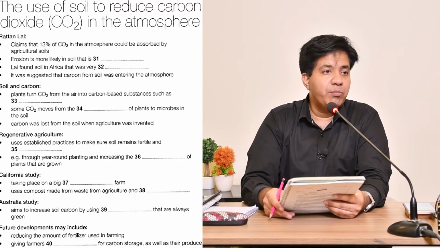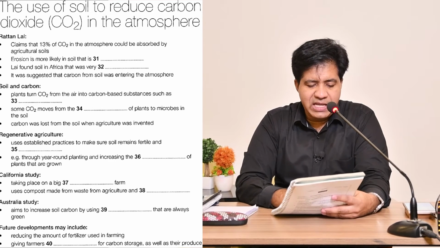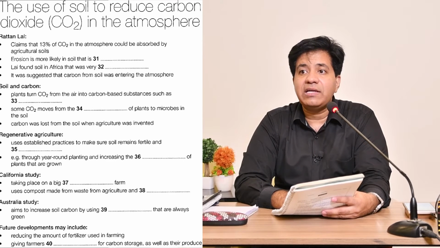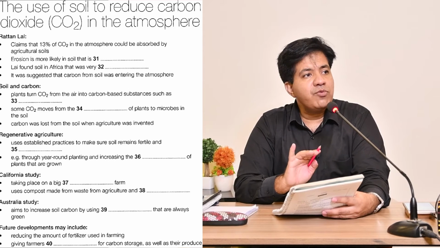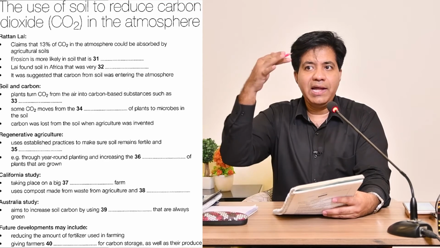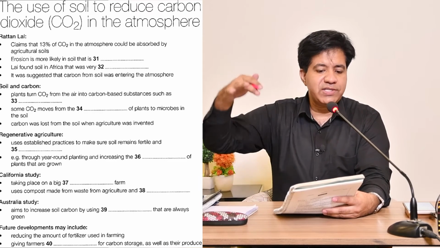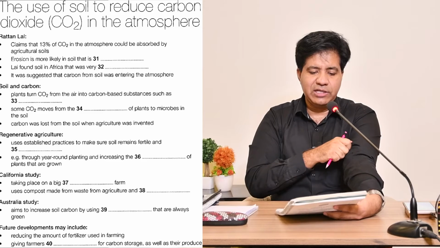Okay, some transfer from the roots. So "transfer" and "move" are similar words. Okay, now there is a point, and then they will come to regenerative agriculture. When they come to regenerative agriculture, they will tell you very clearly about it. Let's move on to, or now we are going to talk about, next we will discuss regenerative agriculture.